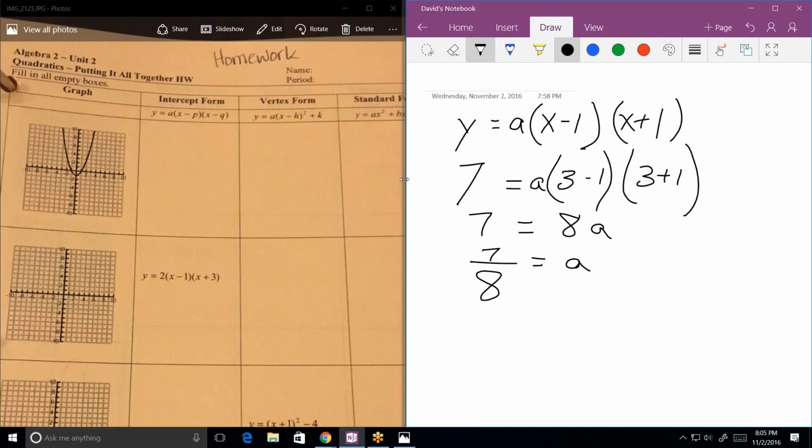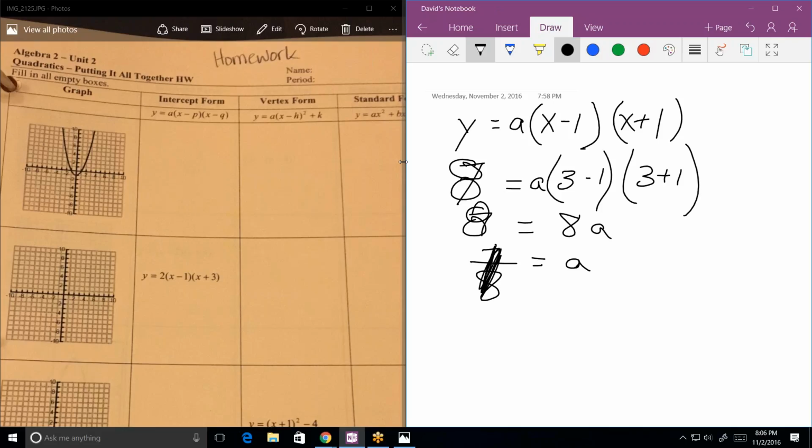Now, I'm going to go back and change my opinion as to what y is when x is 3. I'm going to say y is 8. If you look at that graph, you can make a pretty good argument for that. In other words, it also crosses at 8. And the advantage of 8 is now a ends up being 1.